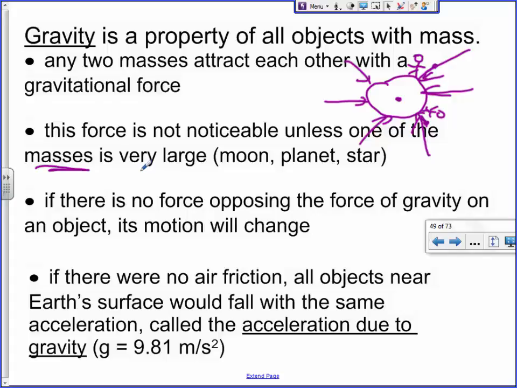But it doesn't do anything unless something is either really, really large or really close, like nanometers close. So me and the table have a gravitational force of attraction, but do the two of us move towards each other? No, it's so small it wouldn't matter. But if one of the objects is the Earth, then yeah, things will get attracted to it.